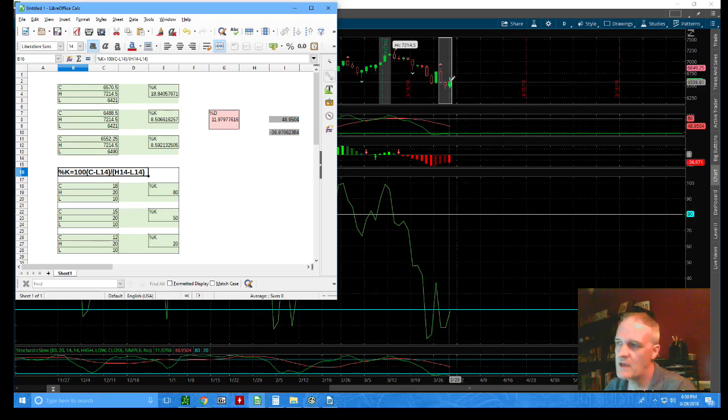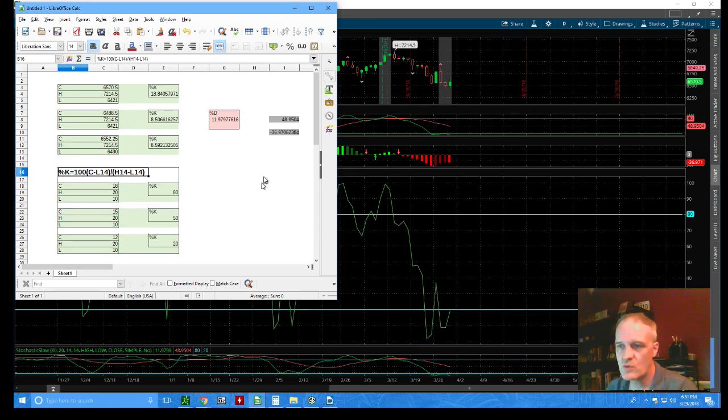And then subtracting the lowest low of that 14-day period, and that gives you a result here. So the most recent close minus the lowest low of the 14-day period. Then you divide it by the price range. So what is the difference between the highest price of the 14-day period and the lowest price of the 14-day period?